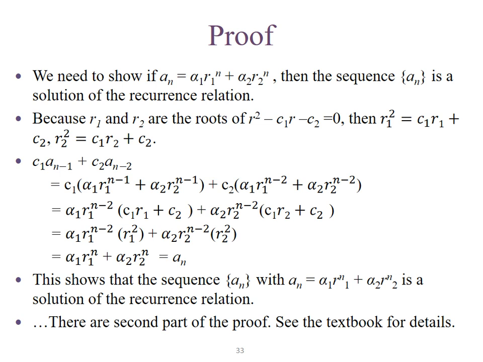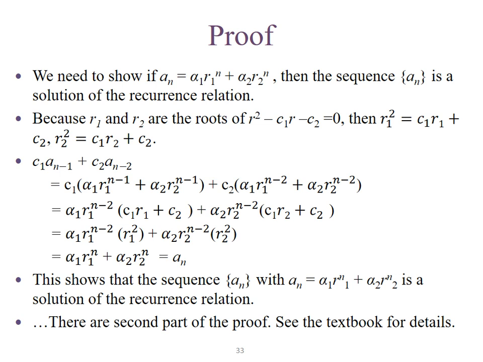Once we combine R1 squared times R1 to the power of n minus 2, it will be R1 to the power of n. So now we have seen this term is a_n, and we can verify it equals alpha 1 times R1 to the power of n plus alpha 2 times R2 to the power of n. This is the proof for the first part.